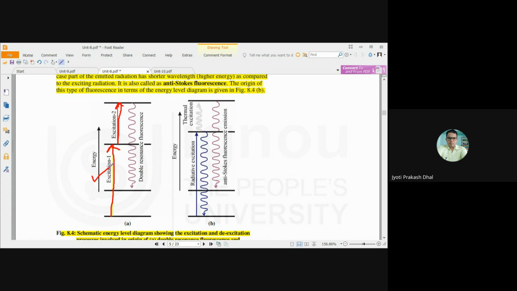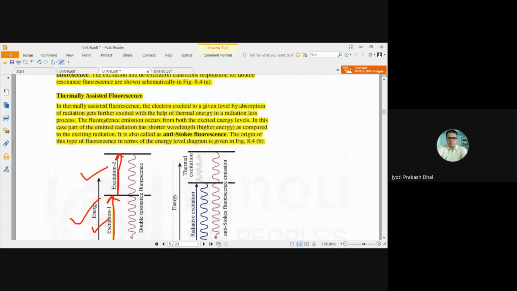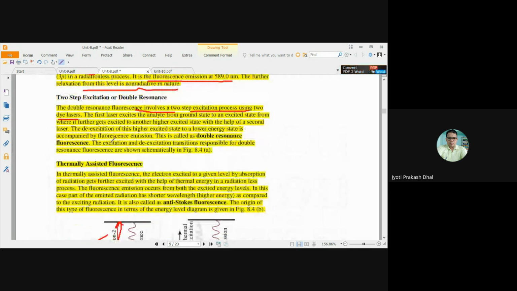From the higher excited state, if the atom comes back to the intermediate state by emitting electromagnetic radiation with a different wavelength than that of excitation 1 and excitation 2, then that type of resonance fluorescence spectra is called double resonance fluorescence. Here two dye lasers are used.